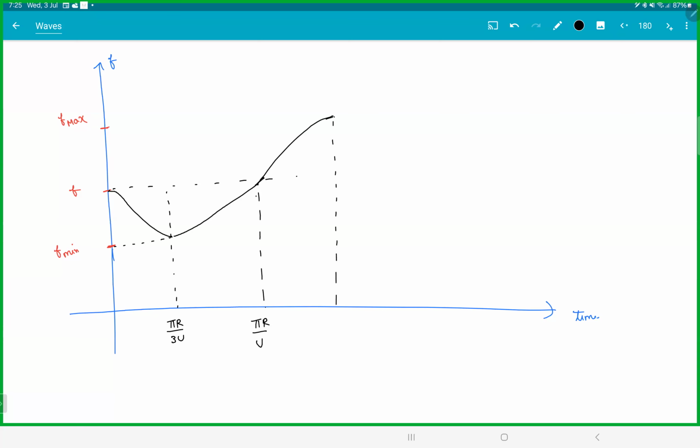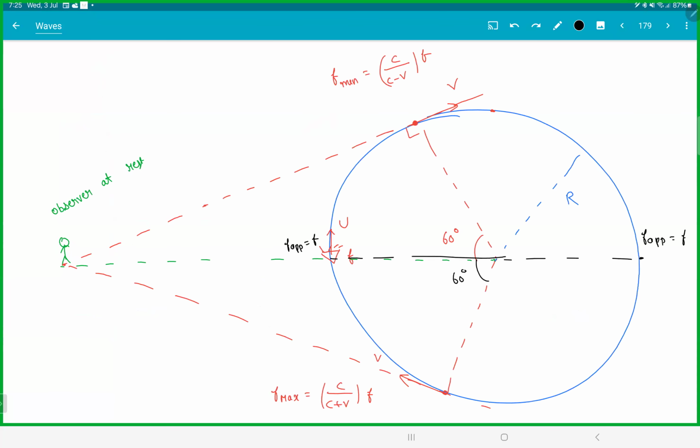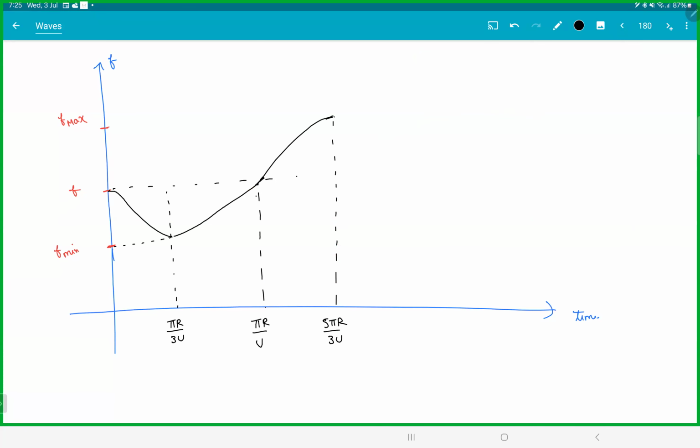This graph will be pretty unsymmetrical. How much did you complete? You completed almost 5/6 of the revolution. So this would be 5 pi r by 3u. And then you come down again. You come back to 2 pi r by u. So the graph would look something like this. It's not a sine graph.